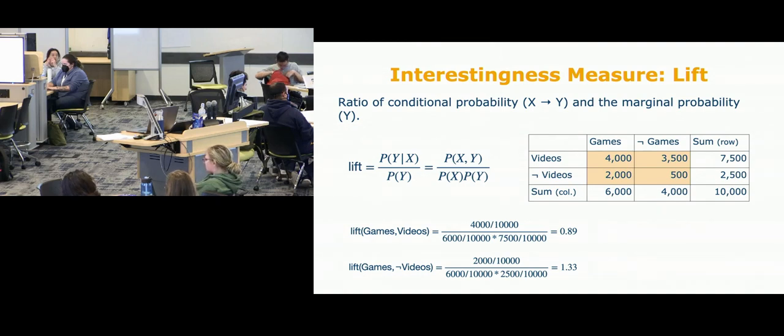If there was another rule like not games and not videos, you could compute its lift also and see which has the highest magnitude of lift, and that would be the most interesting pattern. But I totally understand your point: what does 1.33 mean? Is it some tangible number that we could interpret? It's just a relative magnitude.